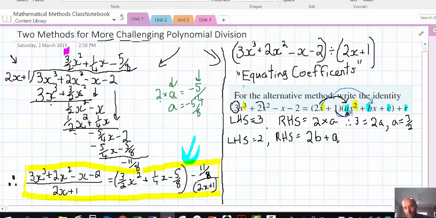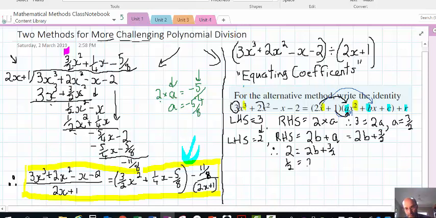We've already found a from the previous line is 3 on 2. So that's 2b plus 3 on 2. Therefore, if we equate left and right, 2 equals 2b plus 3 on 2.